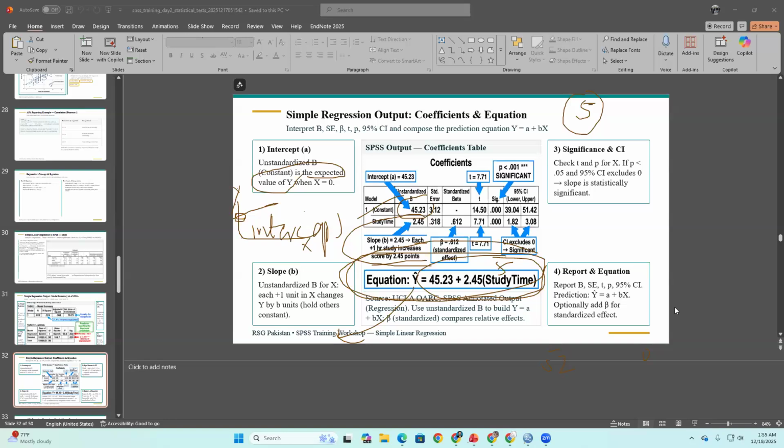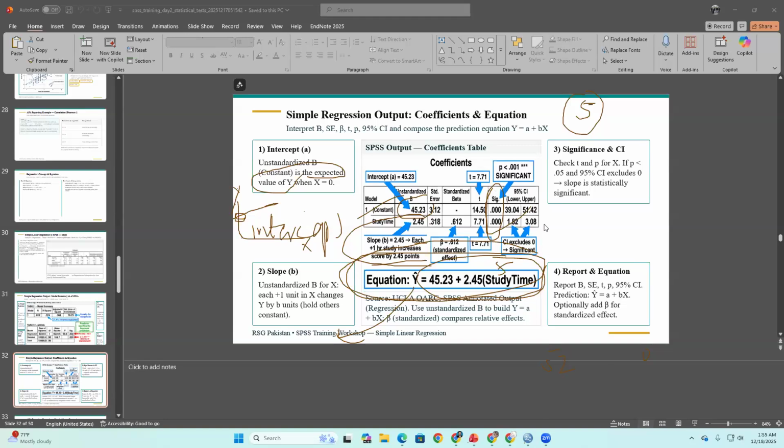How accurate that prediction is going to be depends again on your p-value, and the p-value here is statistically significant as it is less than 0.05, right?